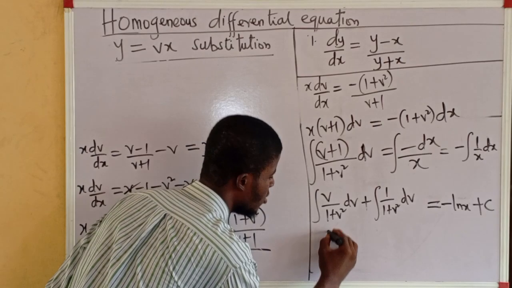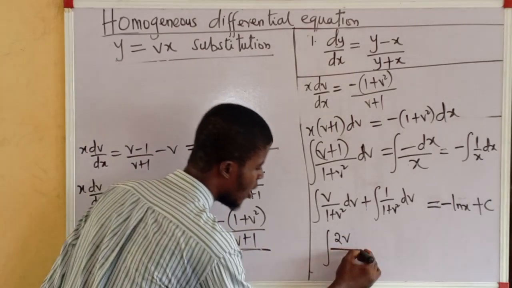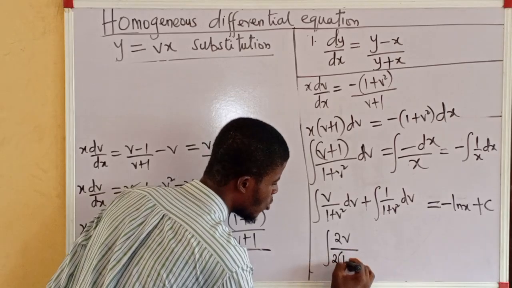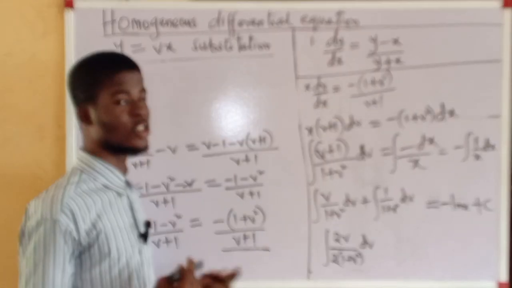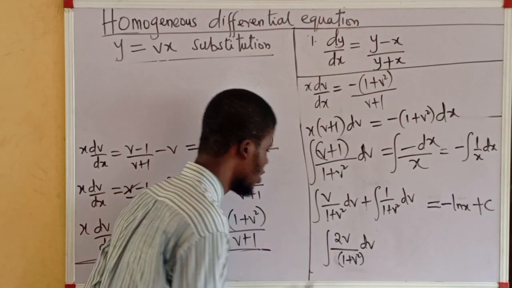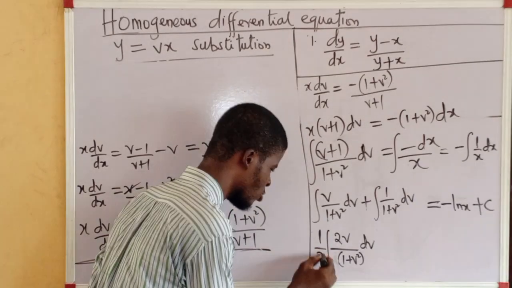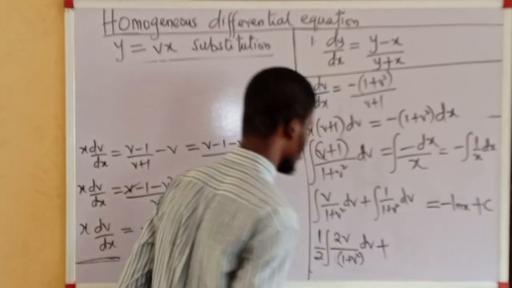That's the integral of 2v all over 2 into 1 plus v squared dv. It's the same thing. But I want to remove this 2 and bring it outside as 1 over 2. I'm still correct.